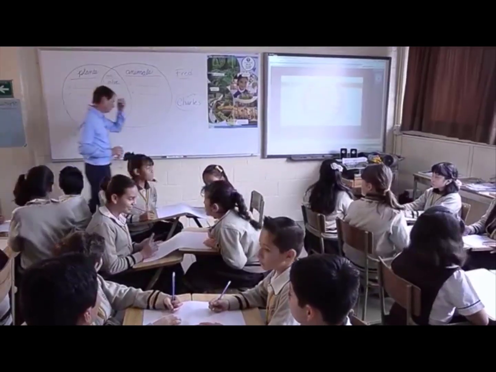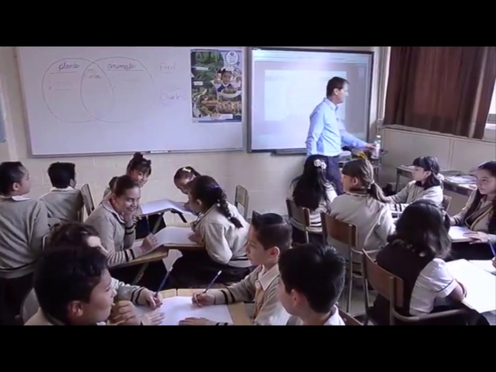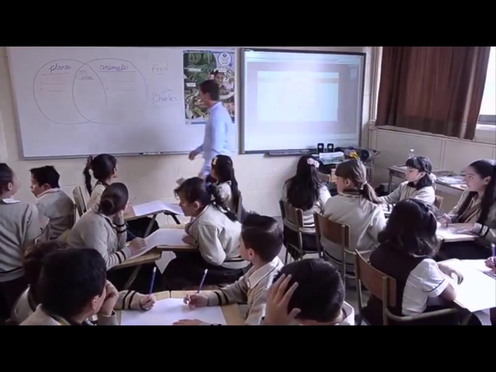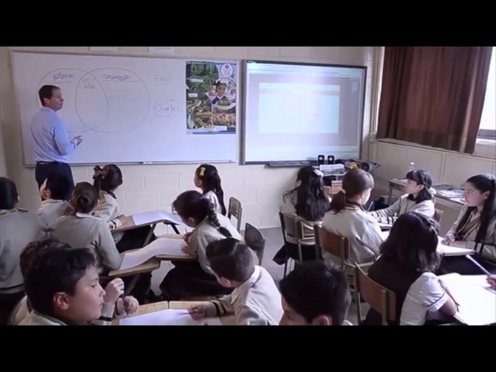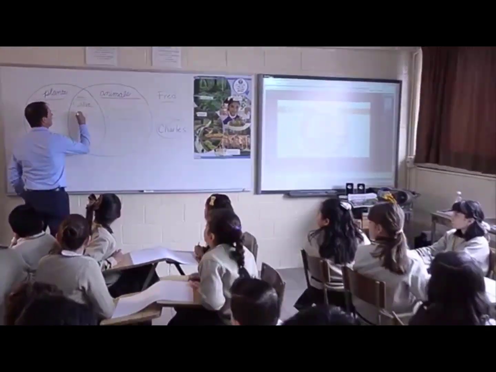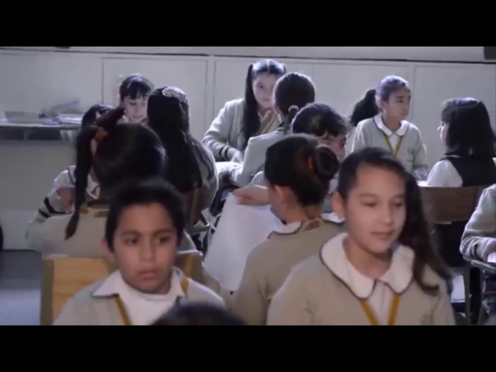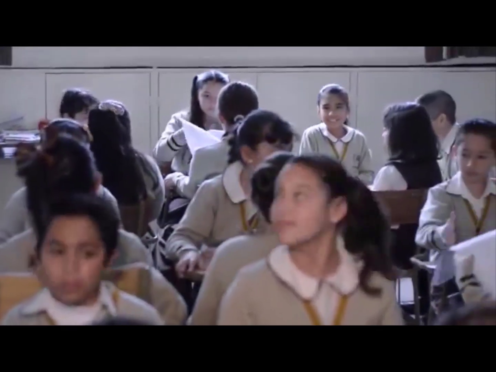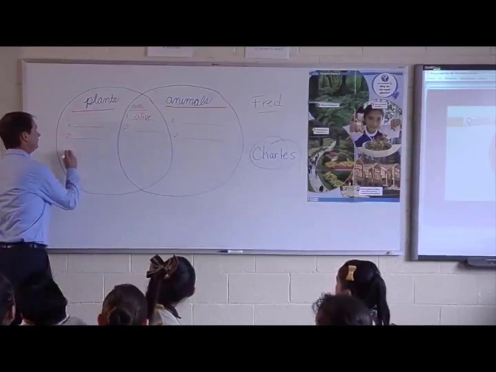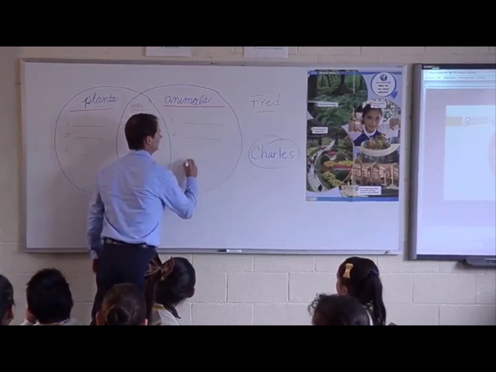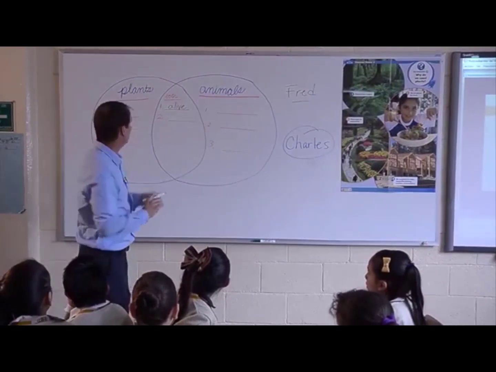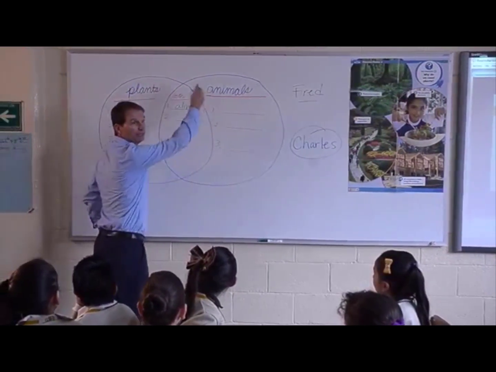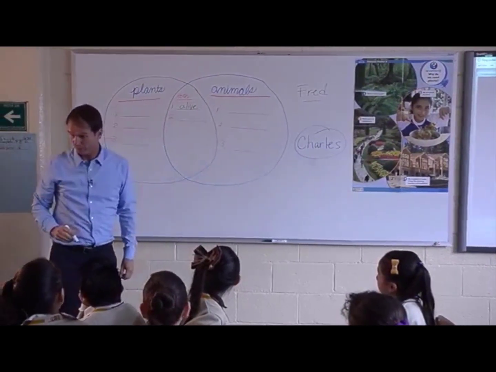Now, what I want you to do, you guys, is to think about two ways that plants and animals are the same. And look, we already have one way finished. They're both alive. But can you think of two ways that plants and animals are different? Or you might even think of three ways that plants and animals are different, right? Okay, so can you work together? And can you actually make this diagram on a piece of paper?